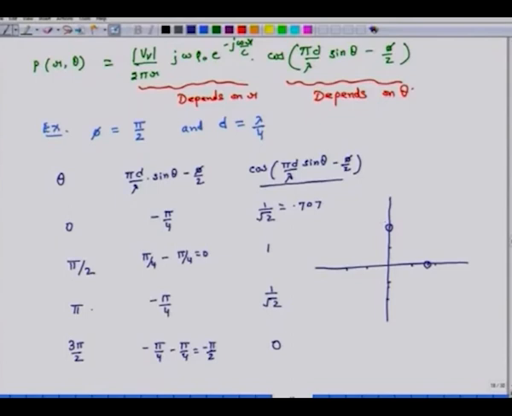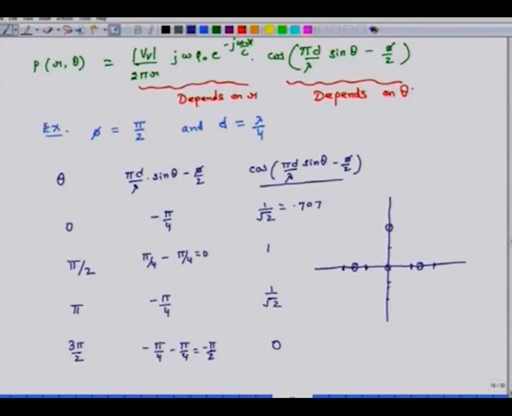When theta is pi, again I get 1 over root 2, about 0.707, so again it is going to be somewhere here, and then at 3 pi over 2 it is going to be at 0. So, these are the 4 points.